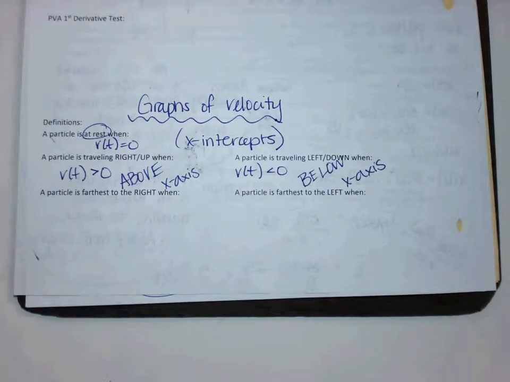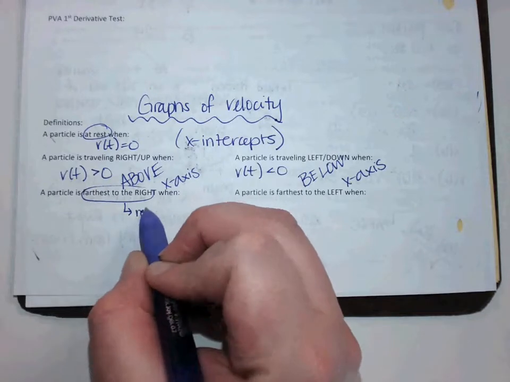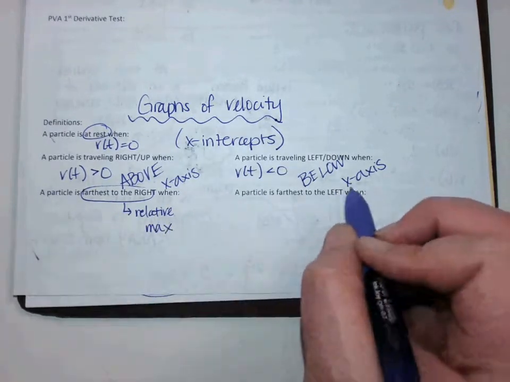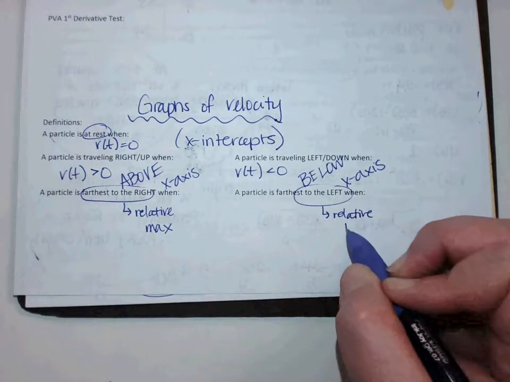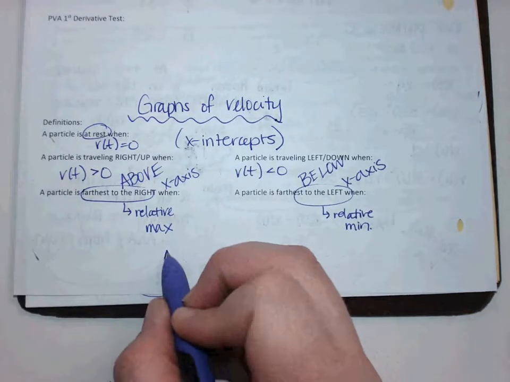Okay, then the last two things. My particle will be farthest to the right when I have a relative or absolute max. It will be farthest to the left when you have a relative or an absolute min. Now remember, it only turns into an absolute if you have endpoints.